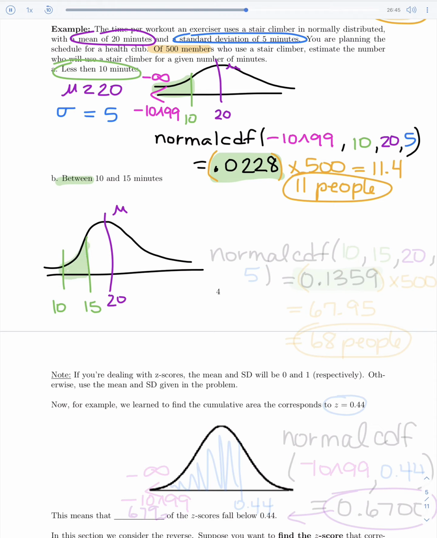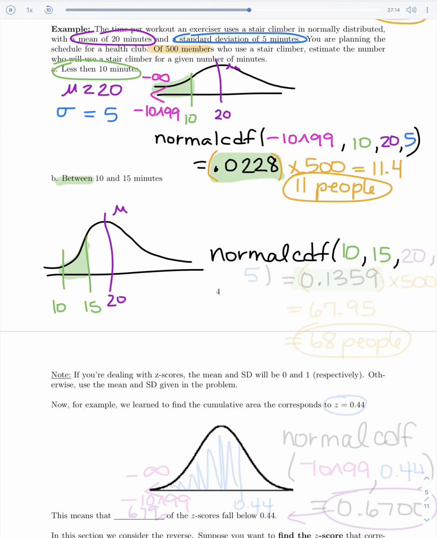Okay, so we'll still do a normal CDF. But this one's going to start at 10, and then it will continue to where it stops at 15. Again, just like the last couple, we have not had any z-values and we have not been converting them. The calculator's doing it for us.